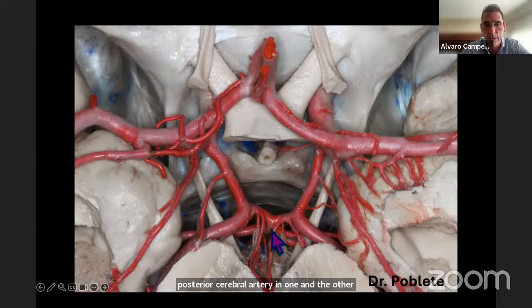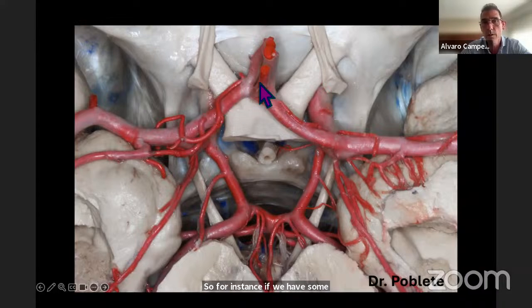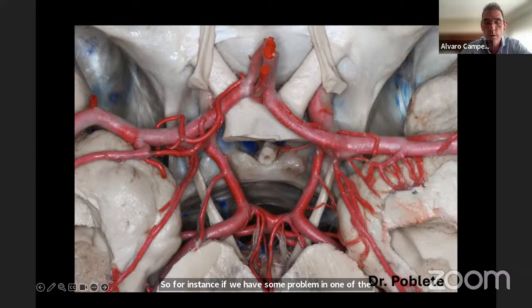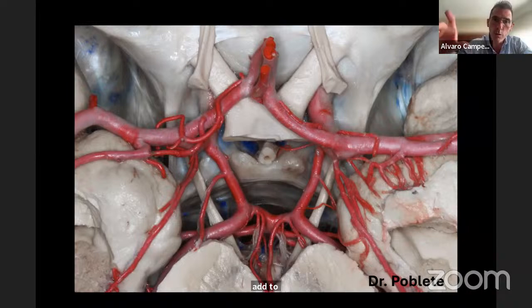And here we can see the basilar artery and the P1 on one side and the other side. So the ACom artery joins and communicates the left side with the right side. So, for instance, if we have some problem in one of the sides, the ACom acts to direct the flow to the other side.